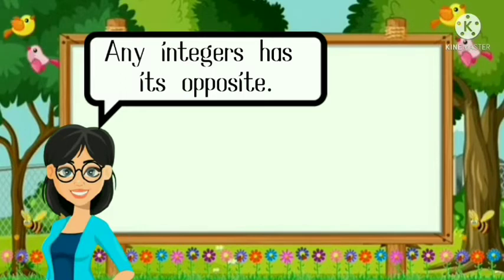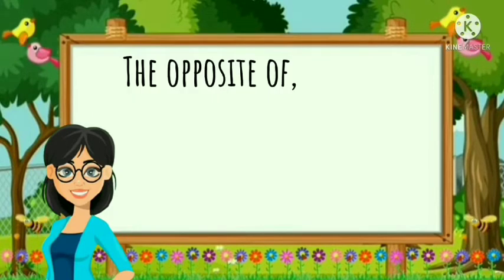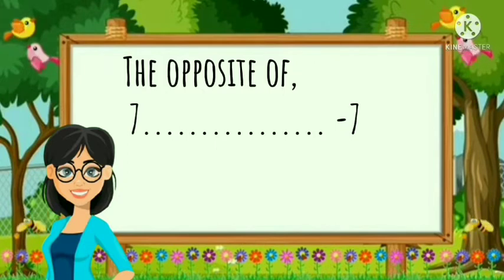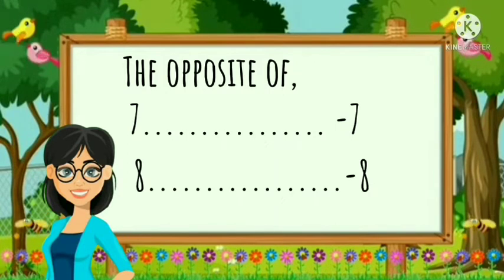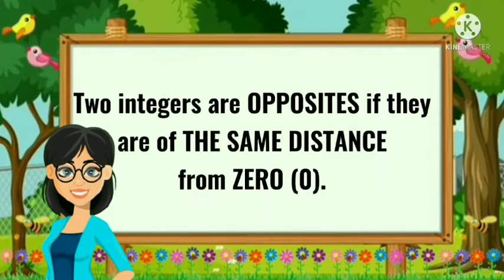Any integer has its opposite. The opposite of positive 7 is negative 7. The opposite of positive 8 is also negative 8. Two integers are opposites if they are of the same distance from 0.